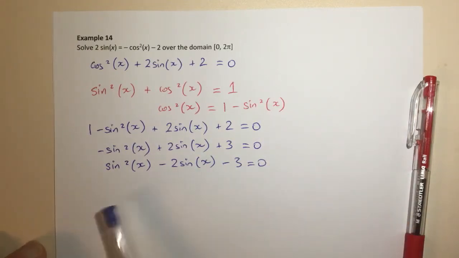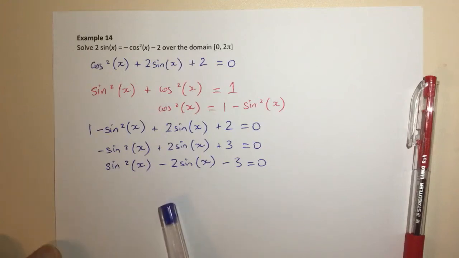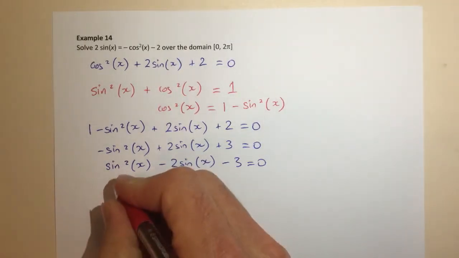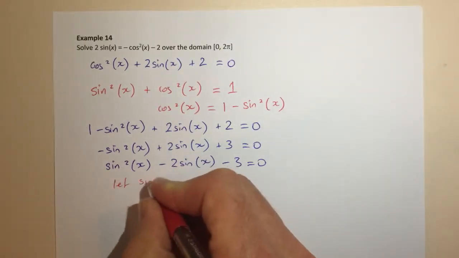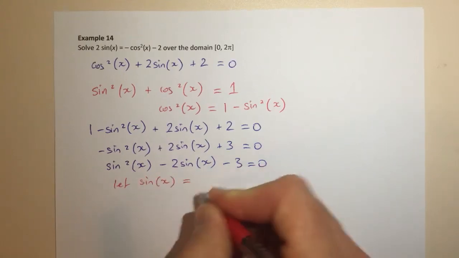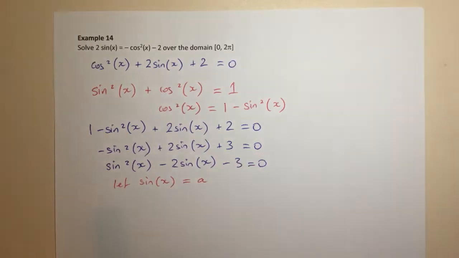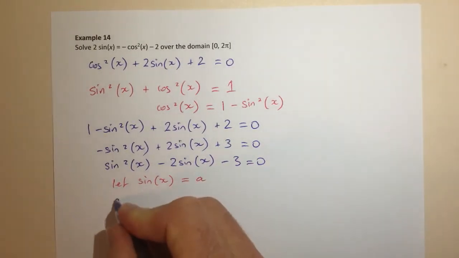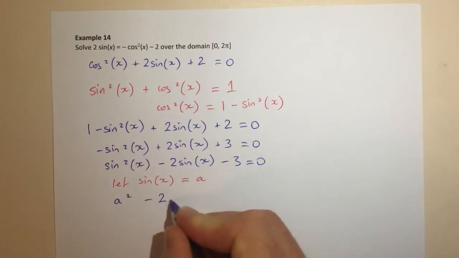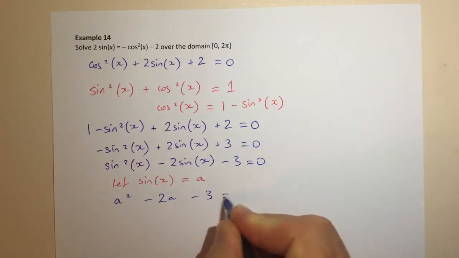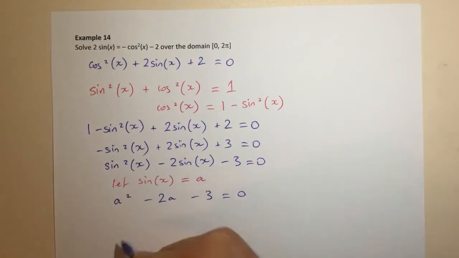And this has that quadratic structure, so we can use quadratic methods to solve this equation, even though it's a circular functions equation. I'll let sine of x equal, you can pick whatever letter you like, just anything not x. I'm going to call it a, and then my equation would look like a squared minus 2a minus 3 equals 0.